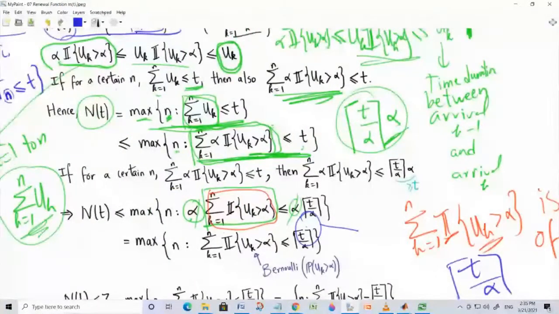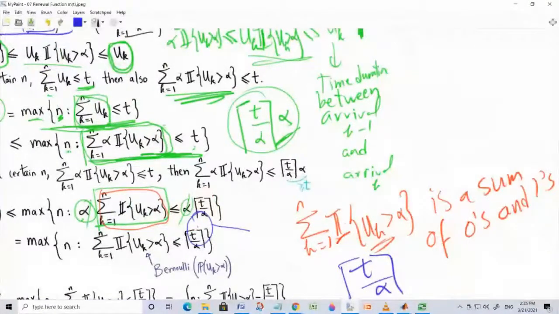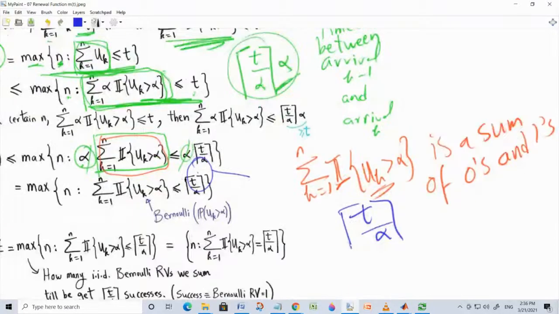So we ask, for this upper bound: we are having a sum of zeros and ones, and we ask ourselves for what n this sum will reach the integer value, which is the ceiling of t over alpha.